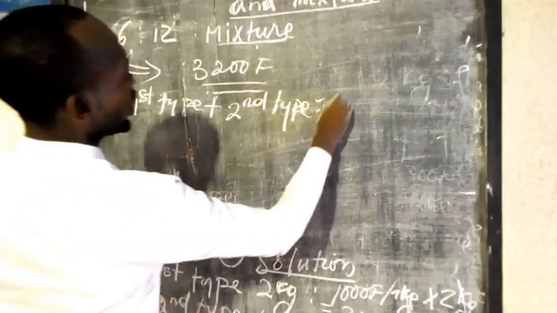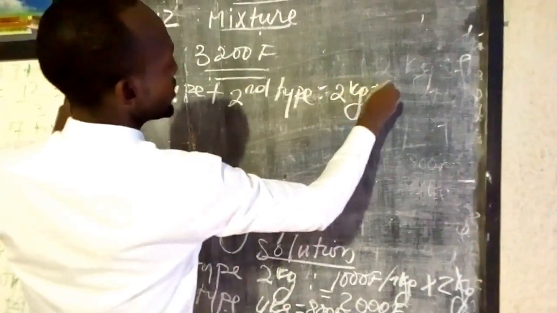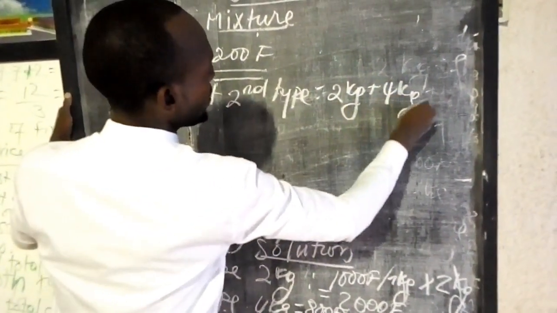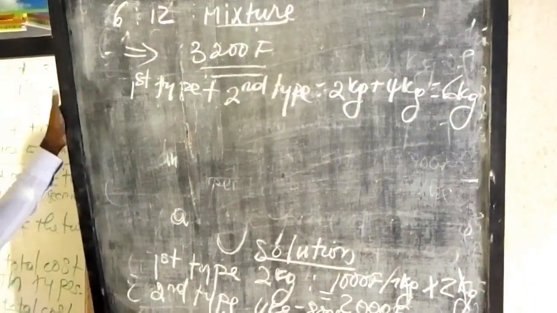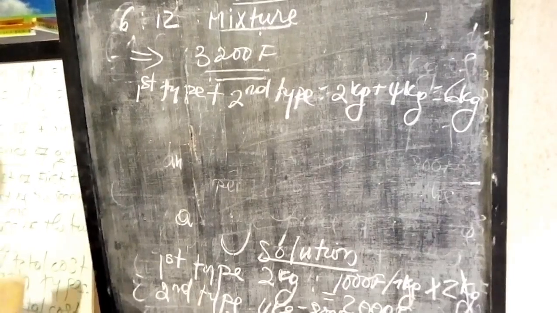There you get 2 kilograms for the first type plus 4 kilograms for the second type. I get 6 kilograms for both types, which make up a mixture.